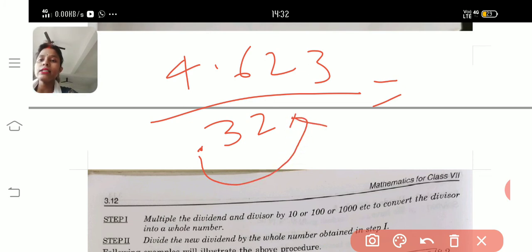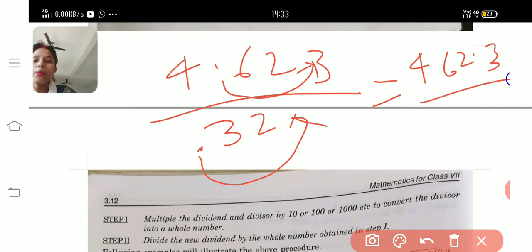Only then will we get the whole number. Here you can see that we are shifting two places, so in the numerator we also shift two places. So the answer will be 462.3 upon 32. Now simply it is the division of a decimal by a whole number. Now I think you can easily divide.